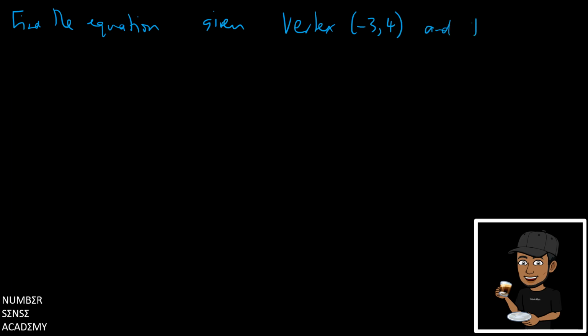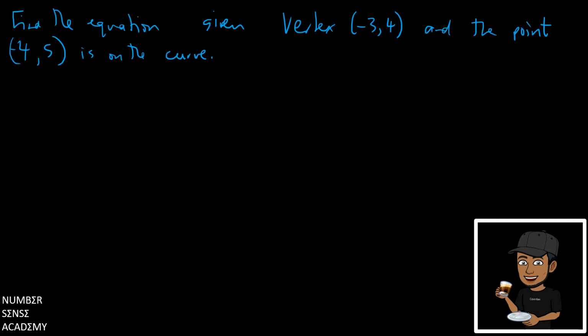Next, we're going to find the equation given the vertex is -3, 4, and the point -4, 5 is on the curve.